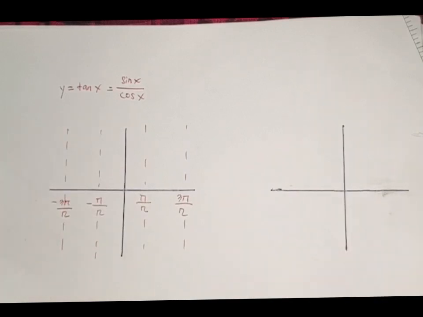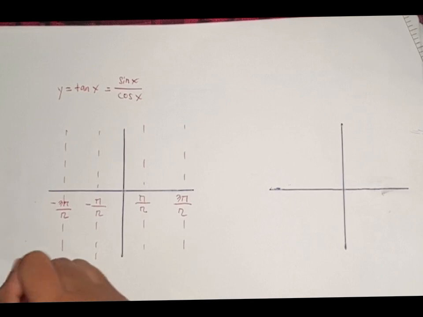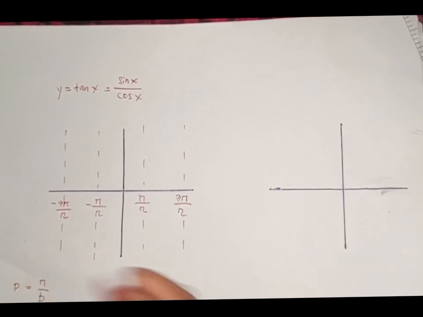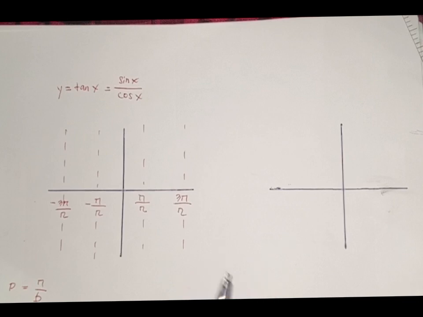So the period of the tangent of x is pi over b. This means the function repeats every pi units. So now let's draw a line between the asymptotes.